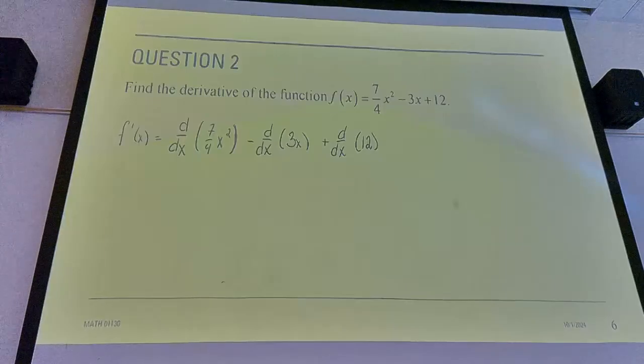All right, so that's the first thing to notice. Then the second thing to notice is we have scalar multiples. And we have a derivative of a constant.